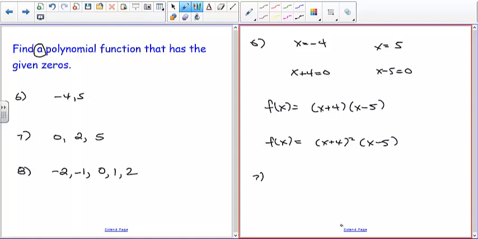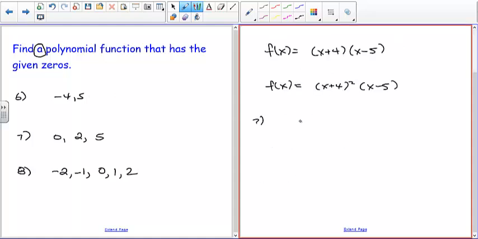So the next one, we have 3 zeros. We have x equals 0, we have x equals 2, and we have x equals 5. So we take those. Now this one, there's really no difference. We just have the factor is x, or you could say it's x minus 0 equals 0. But this extra 0 really doesn't do much for you.